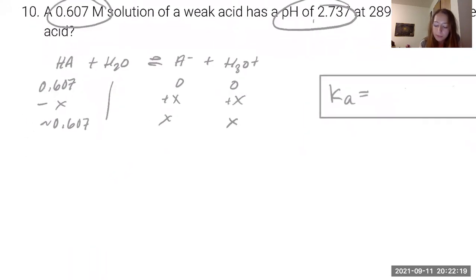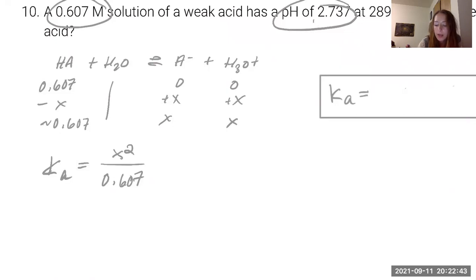Okay. So Ka is going to be equal to x squared, products over reactants, right? So products multiplied by each other divided by the reactants. Okay. We don't know x. Okay, so we have 2 unknown variables. Okay, but we can find x.